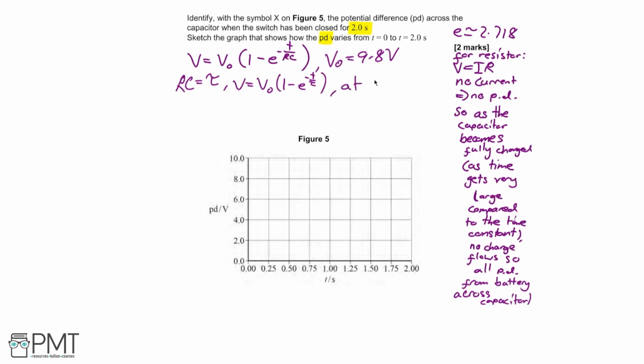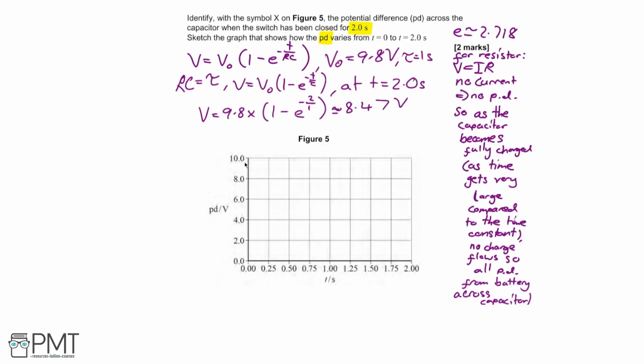Specifically, at t equal to 2.0 seconds, because that's the time we're interested in, we can write that V is equal to 9.8 multiplied by 1 minus e to the minus, and then we can use the fact that the time constant tau is 1 second. So we have that this is equal to 2 over 1, like so. Putting that into the calculator, we get a value of approximately 8.47 volts.